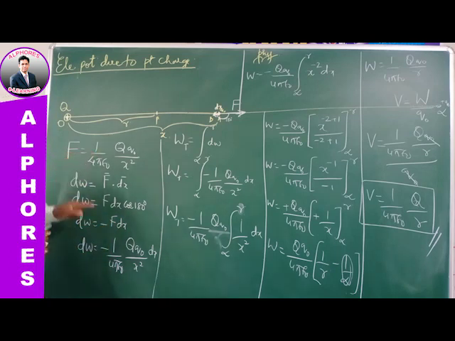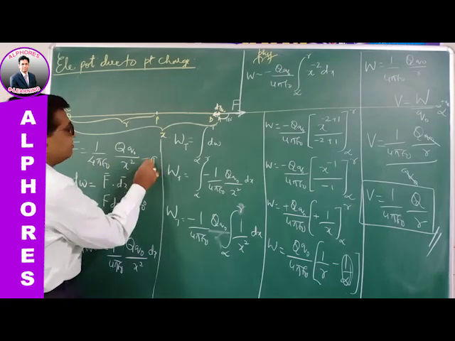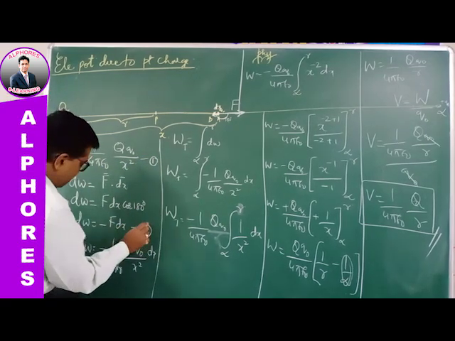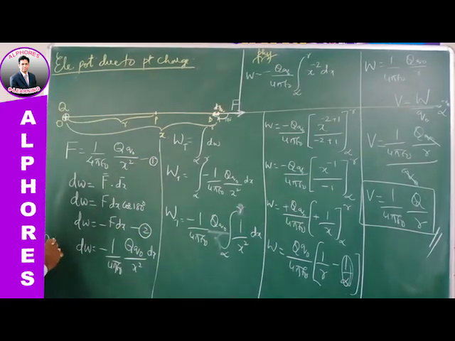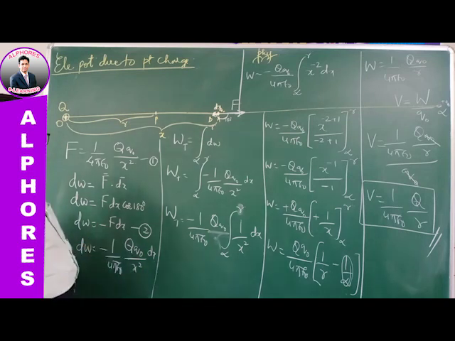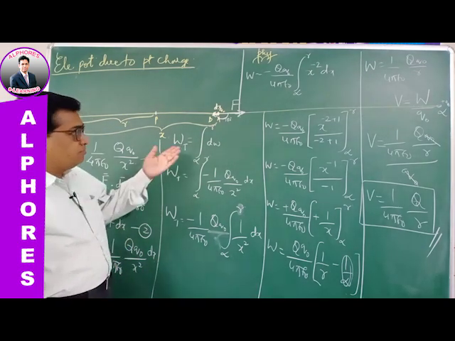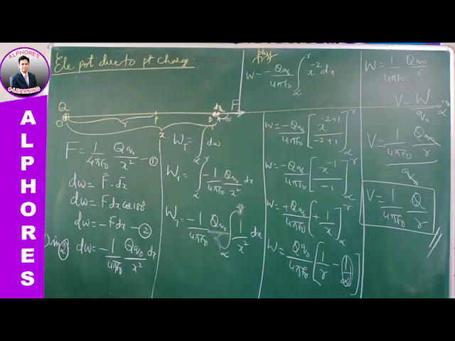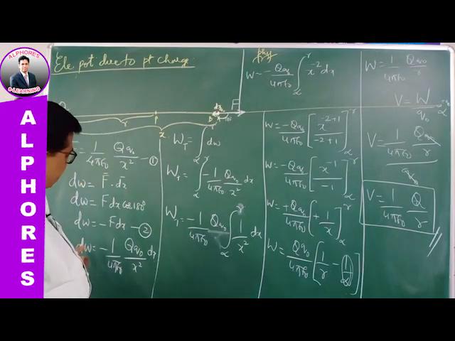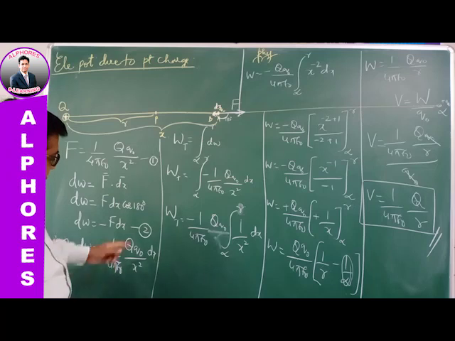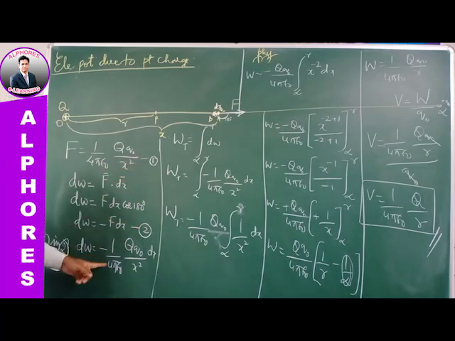Now substituting for F from equation 1 into equation 2, the work done dW is minus 1 by 4 pi epsilon Q q naught by x square dx.